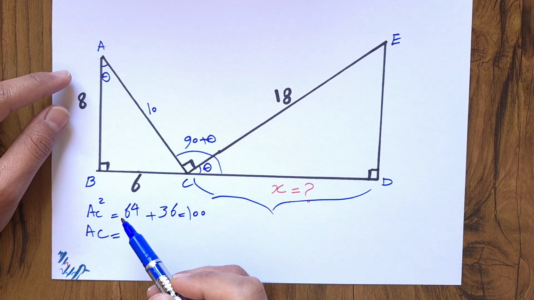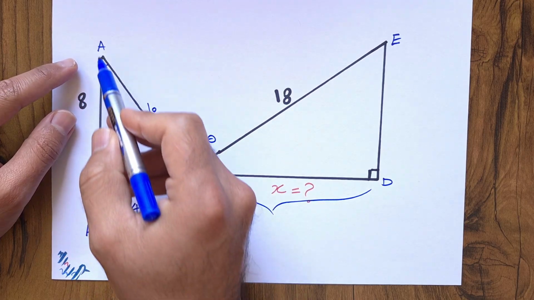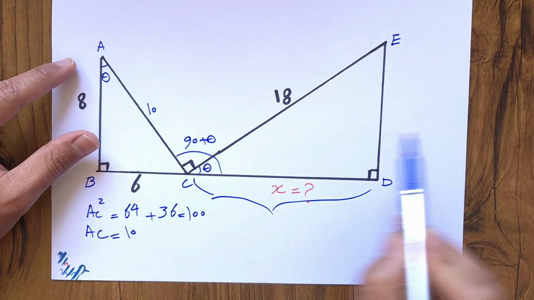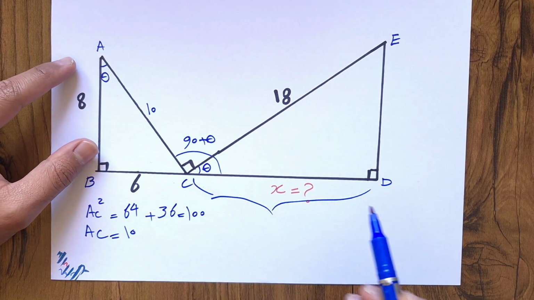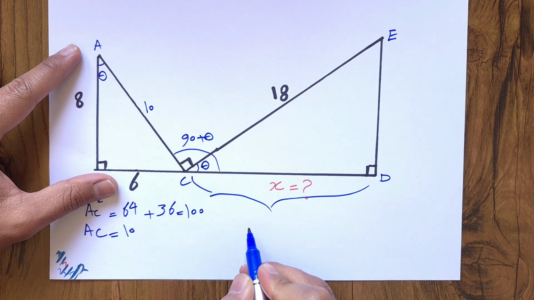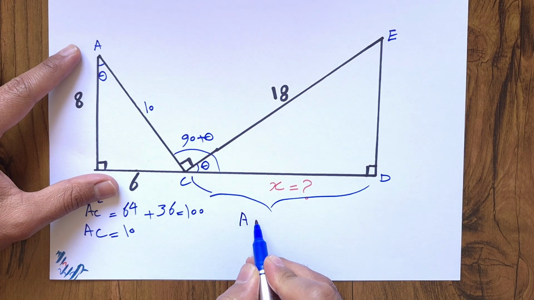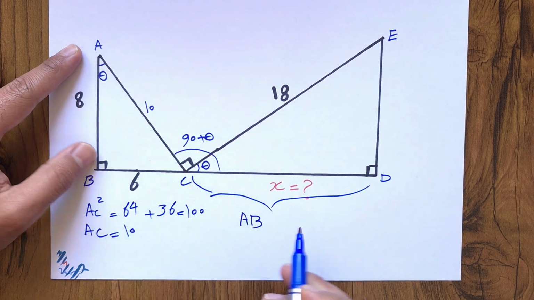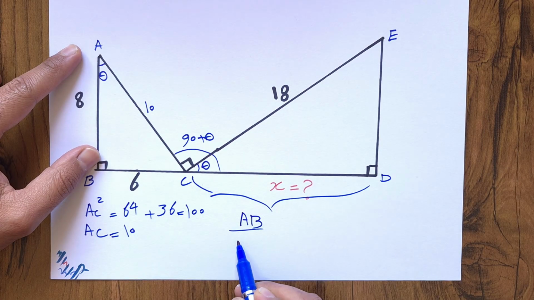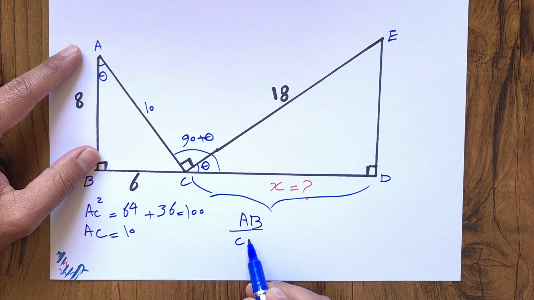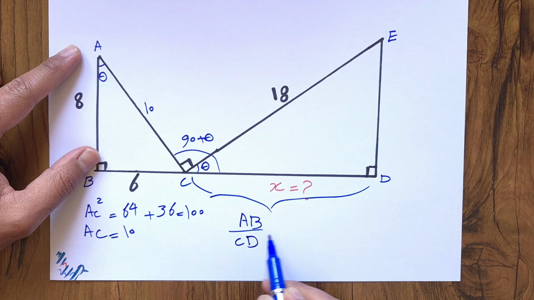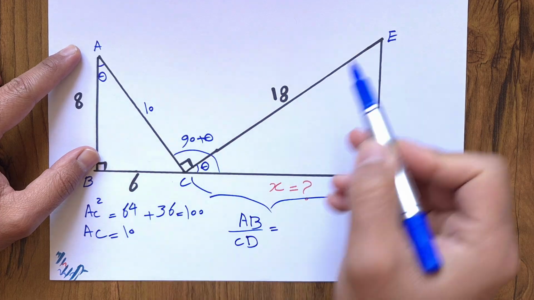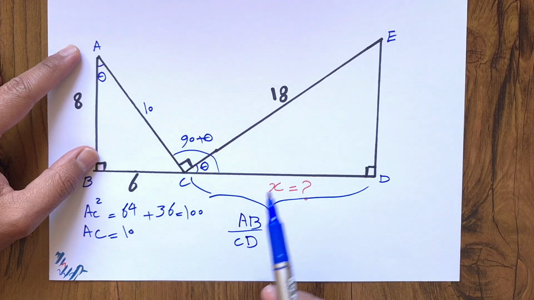From the left triangle, the corresponding side of AB in this triangle is CD, right? So we can write down AB over CD, which is x. That's the side that we want to find. So let's compare the hypotenuse now.